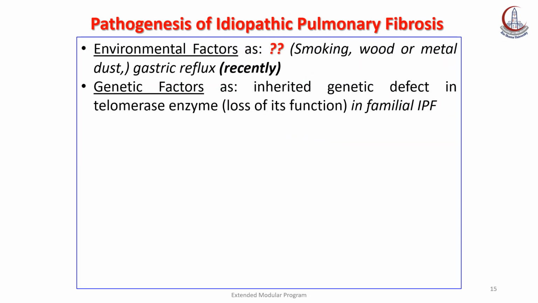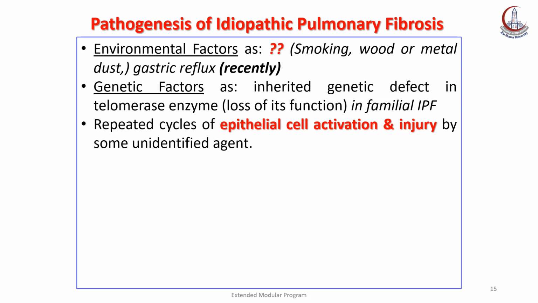So again, the pathogenesis of idiopathic pulmonary fibrosis is either environmental or genetic or both together. Environmental factors include smoking, wood dust, like for a carpenter, metal dust, and gastric reflux, which was recently described. Genetic factors include an inherited genetic defect in the telomerase enzyme, with loss of its function, in familial IPF.